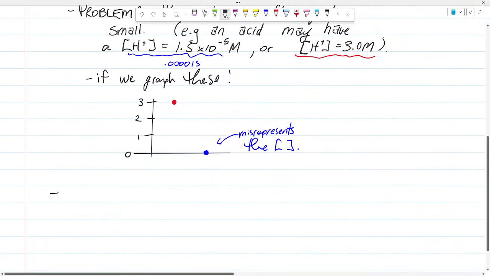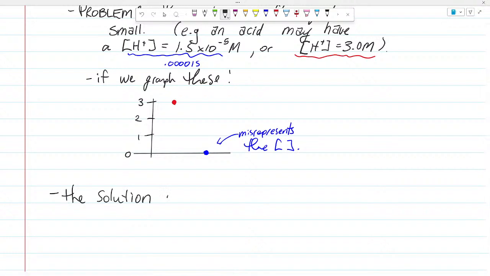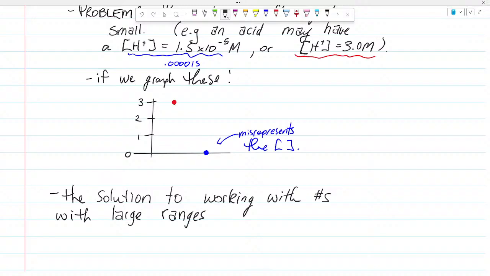So the solution to working with numbers with large ranges is to use a logarithmic scale.